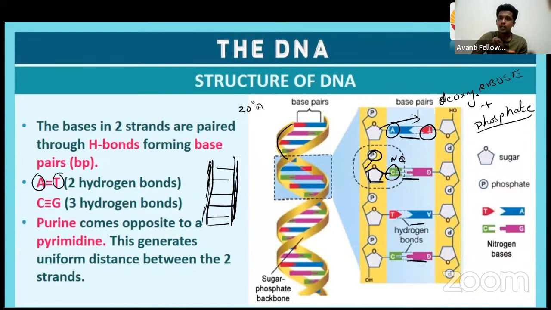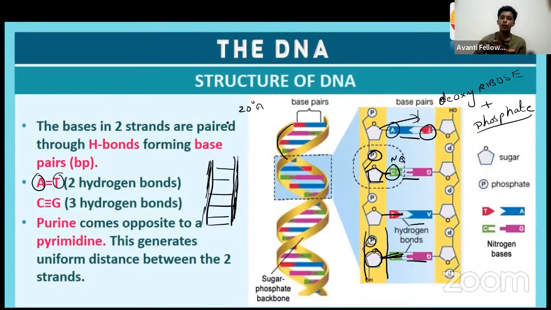Whereas your nitrogenous bases, which make the hydrogen bonds, project towards the inside. You can see here you have your pentose sugar and your phosphate group, which make up the backbone of your DNA, whereas the nitrogenous bases project towards the inside. When they project inward, it becomes very easy for them to bind with other nitrogenous bases.